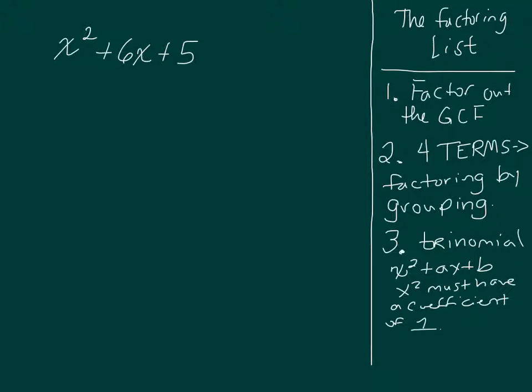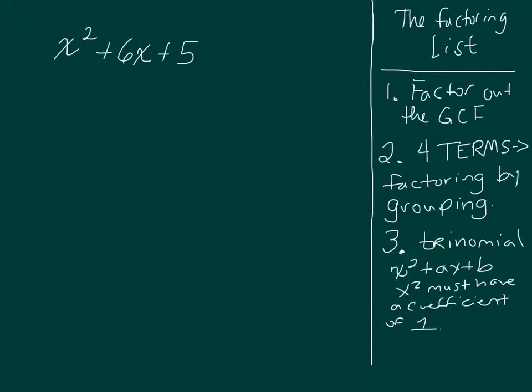Okay? So you couldn't have a number in front of x squared. So if I had something like 4x squared plus 6x plus 5, can't do this step. You have to move on to another step. Okay? Alright, so let's take a look at these kinds of problems.